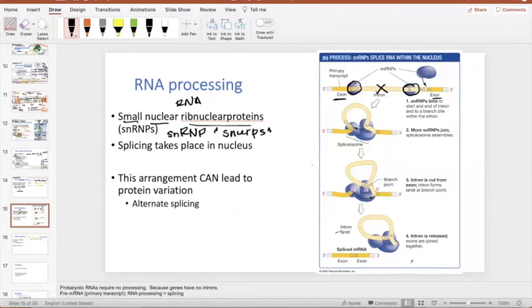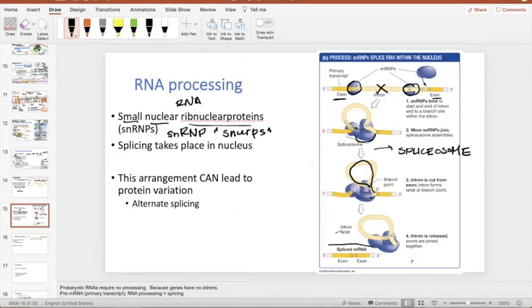Now, what happens is these bind on either end, and then they form a loop here, as you can see, along with another enzyme. Together, this forms a feature called the spliceosome, which essentially works as a cutting factory to cut out this intron piece of transcript and glue together the exons.